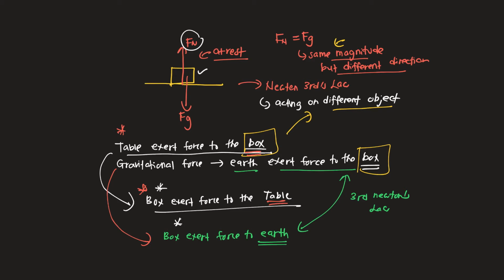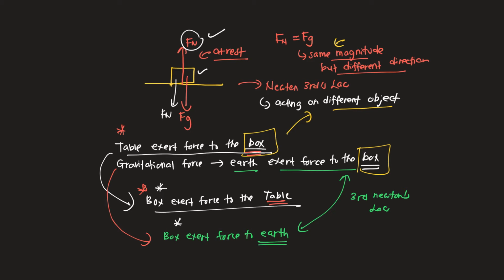That's the reason why you only find the forces exerted on the main character. If you need to put it in a statement, the table exerts force to the box, which is this one, and the box exerts force to the table, so it is going to be in that direction.